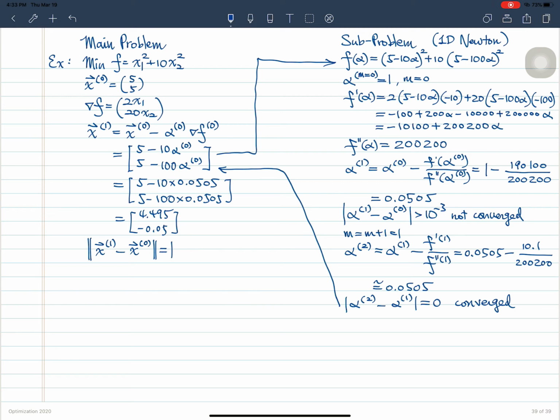So it's like 4.495 minus 5, negative 0.05 minus 5. It's like checking the norm of this vector, using MATLAB to calculate.